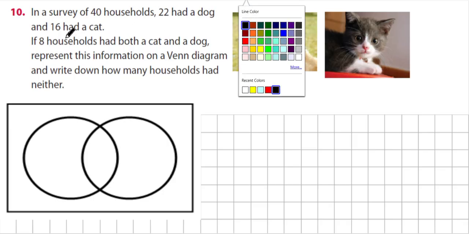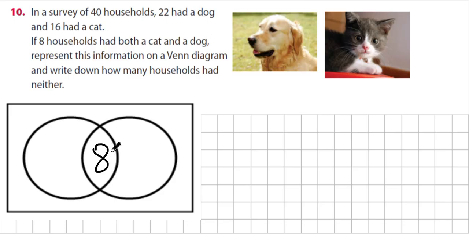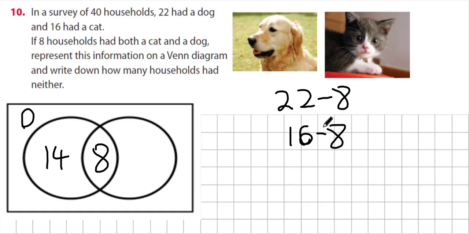So, 8 households had a cat and a dog. So that's 8 in the middle. That's easy. 22 take away 8. Anybody? 14. It's because it has to add the 22. What about in here? 16 take 8. 8.